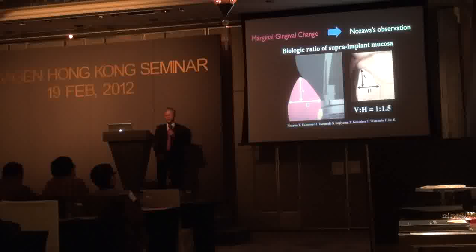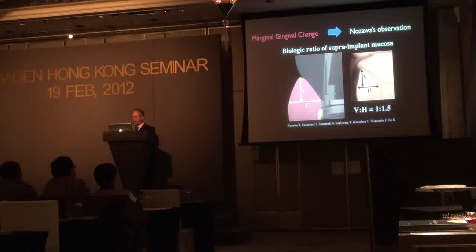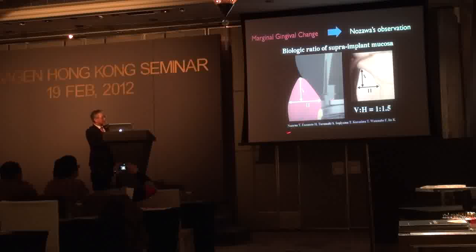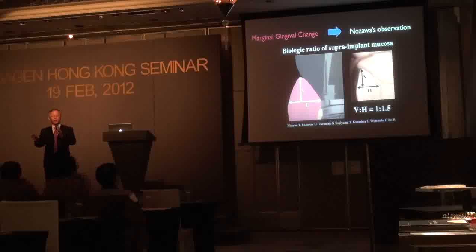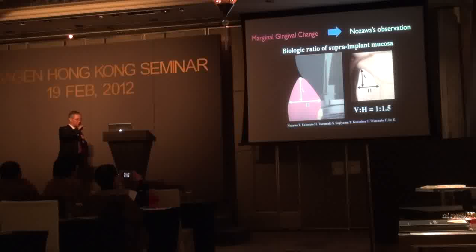So we need to look at these important articles. Very, very important. Dr. Nozawa and his group observed that the tissue changed for 10 years. And they recognized when the height and the thickness made a disproportion, the gingival margin around the implant became stable.